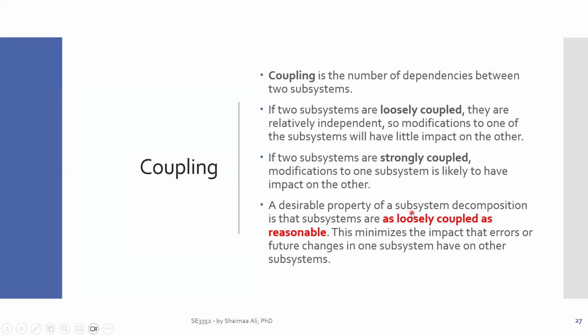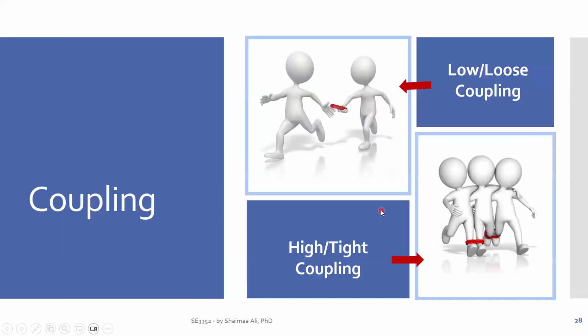So just a quick reminder, coupling is the dependencies between the different components. Low coupling means low dependency, which means that when you change one component, do we need to change other components as well or not?